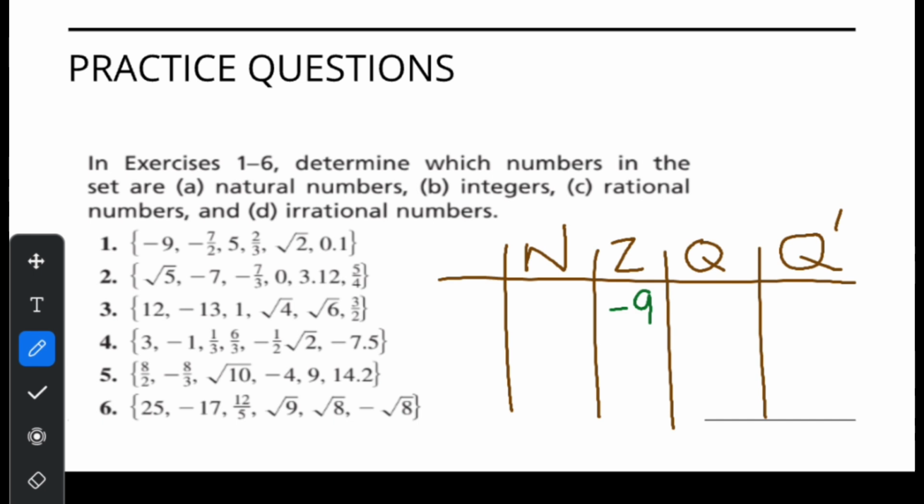If you want to be sure, divide it using a calculator and see what number you get. So this is not a natural number, this is not an integer. Negative 7 over 2 is negative 3.5, so it comes under the category of rational numbers. So I'm putting it in the third column.